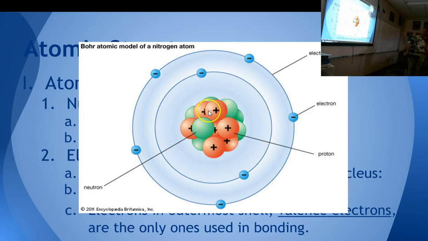Protons and neutrons in the nucleus, and all of the mass of the atom is represented by the nucleus, but the volume of the atom is mostly represented by the electrons. So the mass is condensed into the center part of the atom, and the volume is represented by this mostly empty space cloud of electrons floating around.